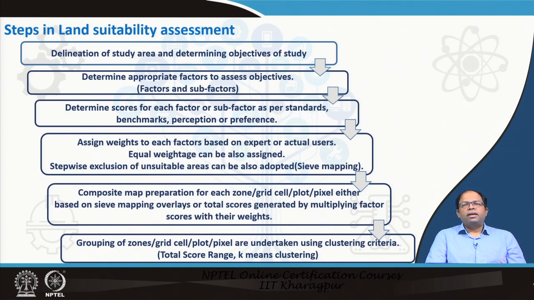That means if actual users, we don't know who the actual users may be, and if actual users may not be able to take this kind of decisions, then we will actually ask the experts, people who understand the reasons for choosing this objective and also understand the factors that have been chosen, and they also understand how to score them. So only those people or these experts who are domain experts in this particular field have to be asked about that, which factors do they feel important compared to others, so they can give some weightages to that.